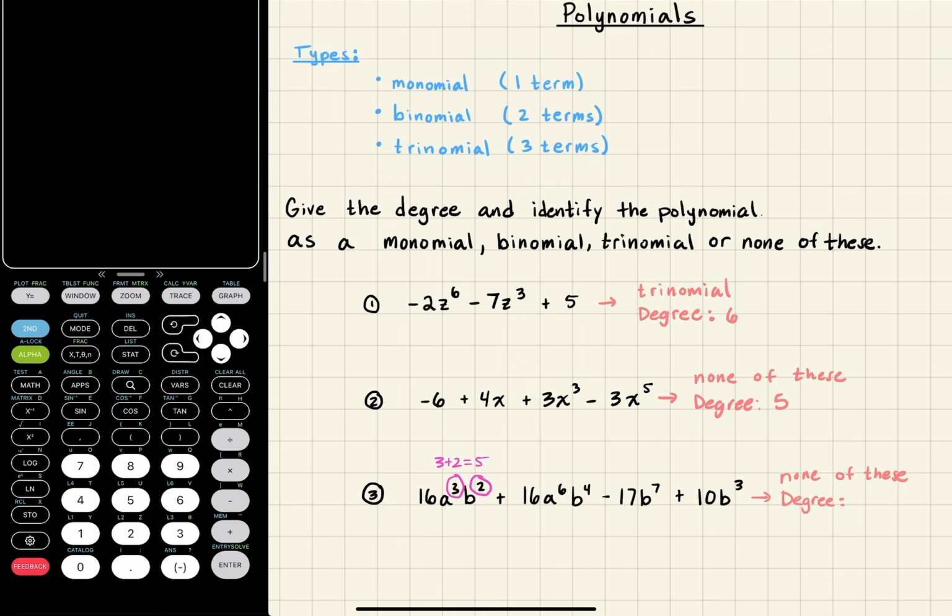And for the second term that contains both an A and a B, I'm going to add the 6 and the 4. That gives me 10. Whichever term gives you the higher value, that's the degree of your polynomial. And it looks like to me that this is the higher value, right? 10 is higher than 5. So we have a degree 10 polynomial there.